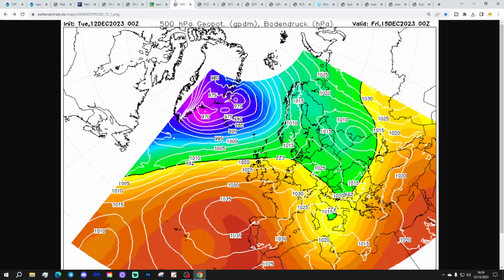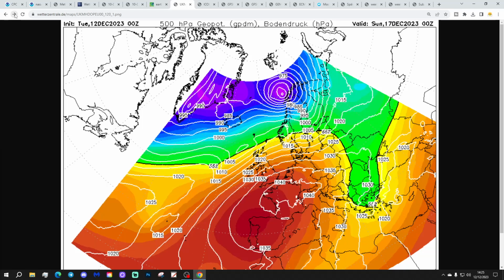We see this nicely on the latest UK Met Office Euro4 chart data, starting with this one. We've got high pressure down towards Spain and Portugal there on Friday, low pressure towards Greenland and Iceland, and we're bringing up these west to south-westerly winds as well. Into Saturday and Sunday, high pressure strengthening over France, low pressure away to northern and western parts of Scotland. So looking very mild here as we go to the weekend.